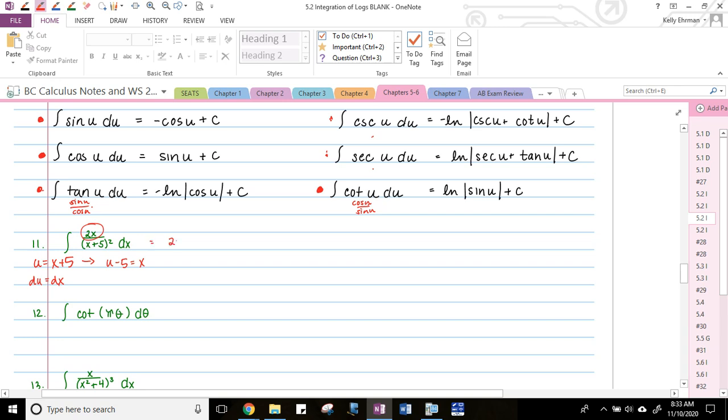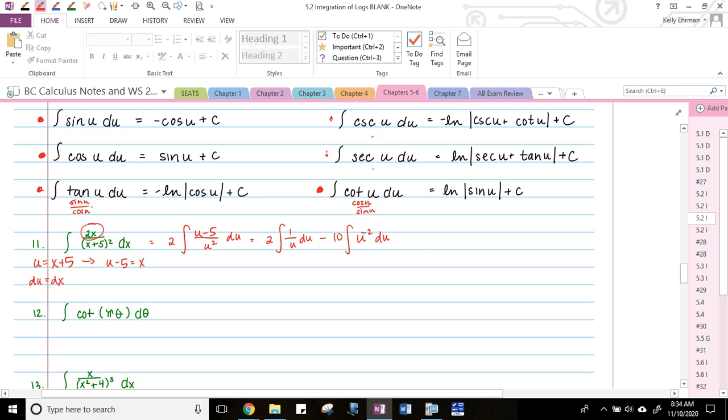So I'm going to pull the 2 out in front. The x in the numerator is now u minus 5, and the x plus 5 squared is now u squared, and the dx, remember, is equal to du. And that can be split up. That is 2 times the integral of, if you divide, which you always should, u over u squared is 1 over u du, and then minus, this 5 is going to come out, so minus 10 integral of 1 over u squared, or u to the negative 2 du.